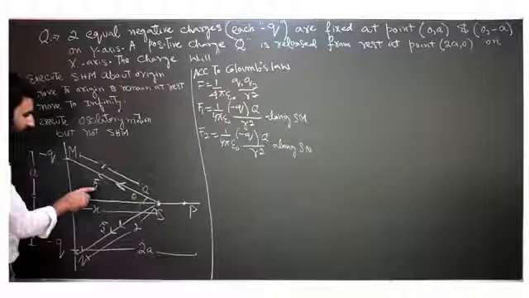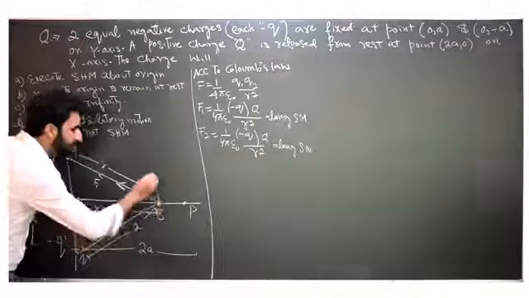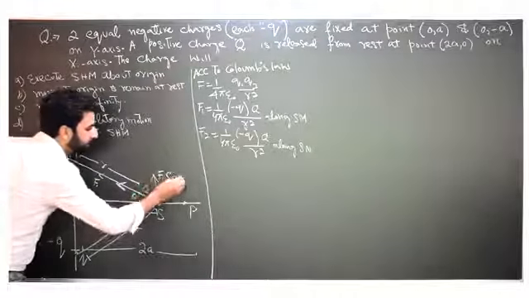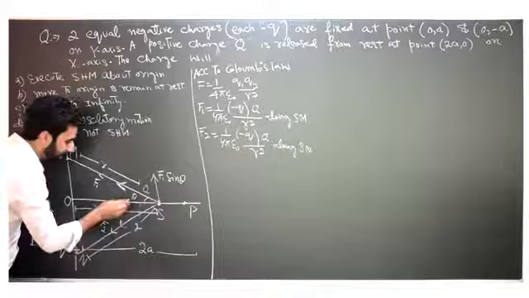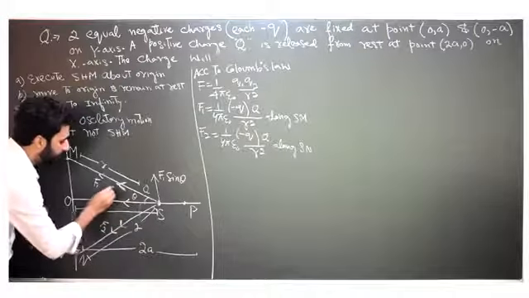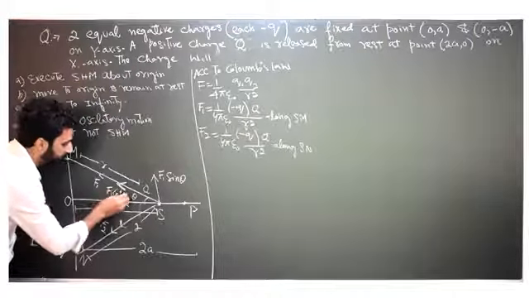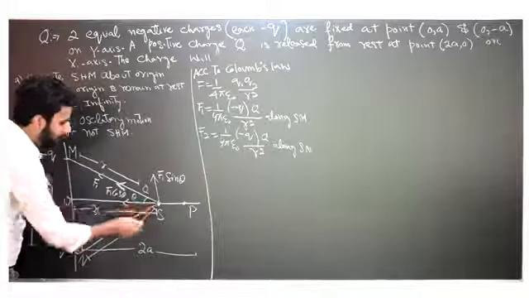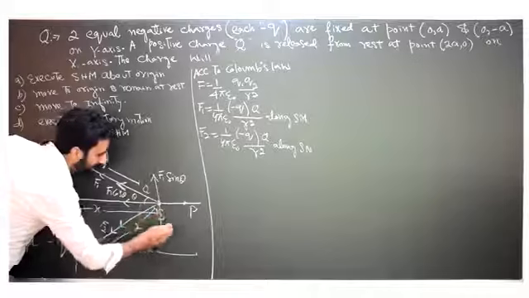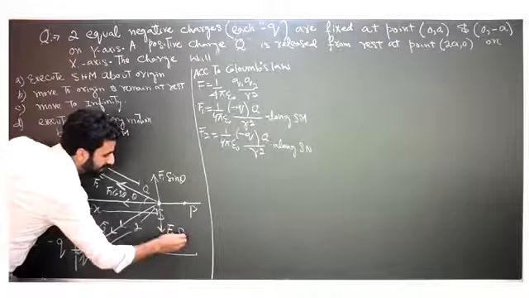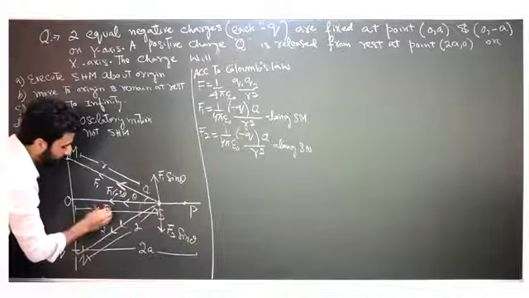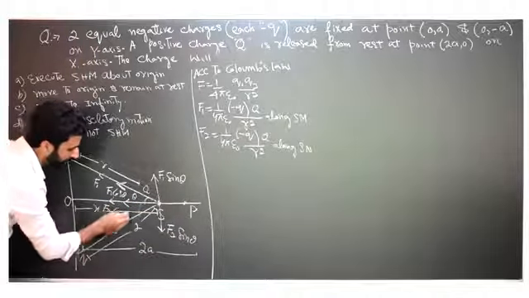If we resolve F1, this will be F1 sine theta, and along this axis we will have F1 cos theta. Similarly, once we resolve F2, this will be F2 sine theta, and along this axis we will have F2 cos theta.